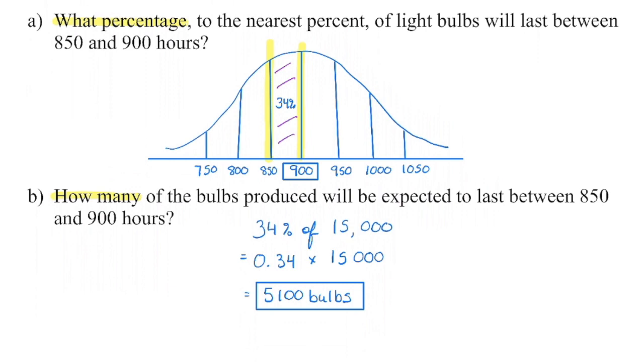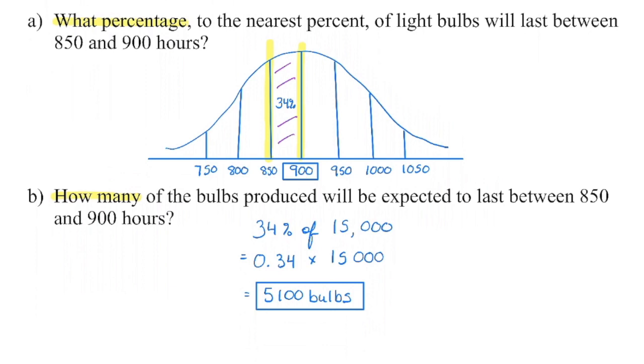Not only is the bell curve a visual way to see and to check what's happening, but in some cases such as this one, we're looking for the percent of bulbs that are expected to last between 850 and 900 hours. If we start with the mean in the middle, add the standard deviation, add the standard deviation, add the standard deviation, and then on the left subtract the standard deviation, and so on, we can see that 850 and 900 happen to lie both on the mean and one standard deviation respectively.